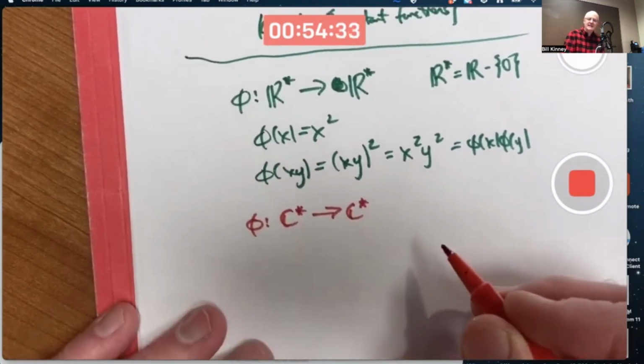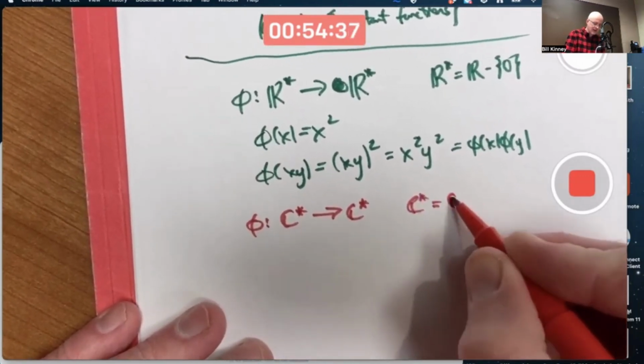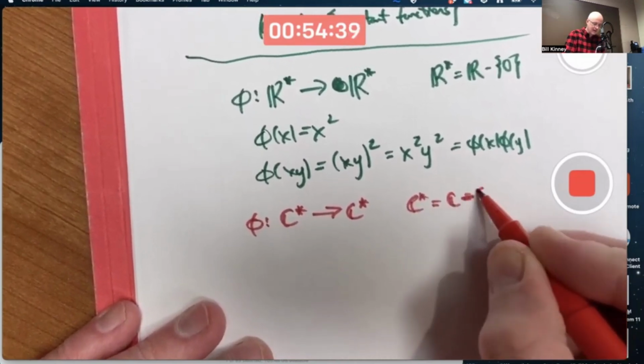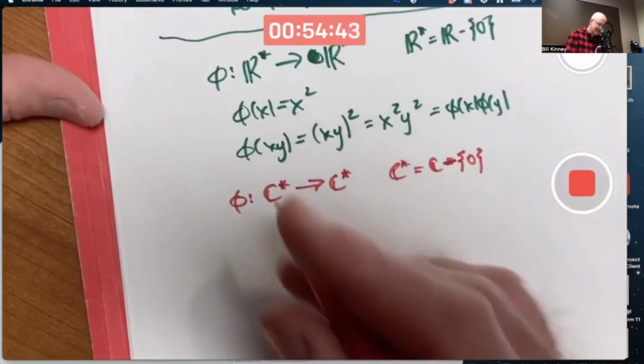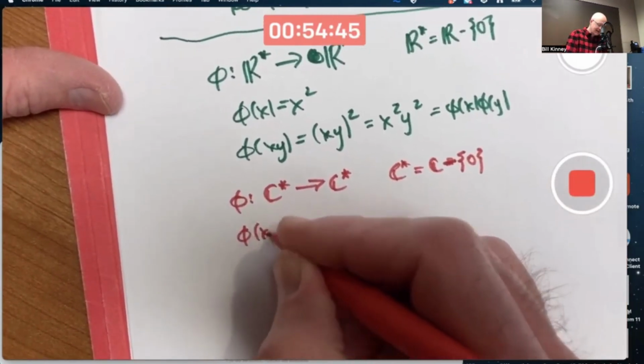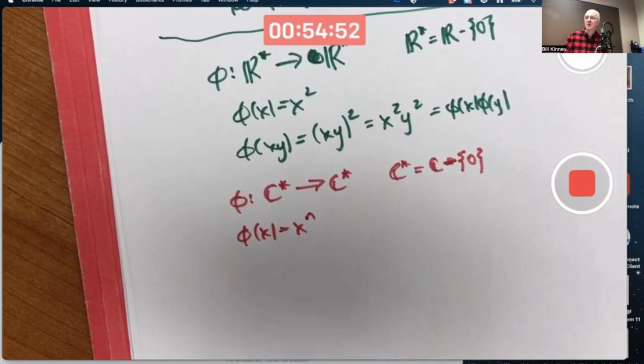A mapping phi from C star to itself, where C star is the complex numbers take away 0, a group under multiplication, defined by phi of x equals x to the n power, is also a group homomorphism.